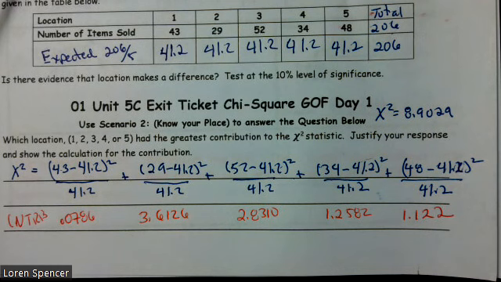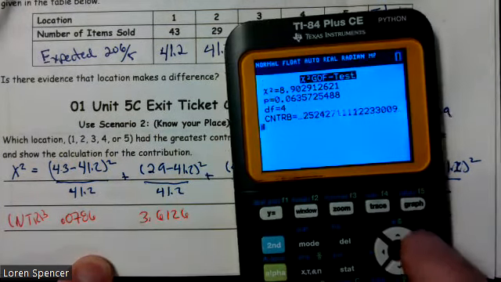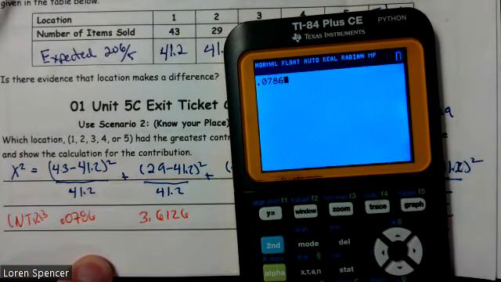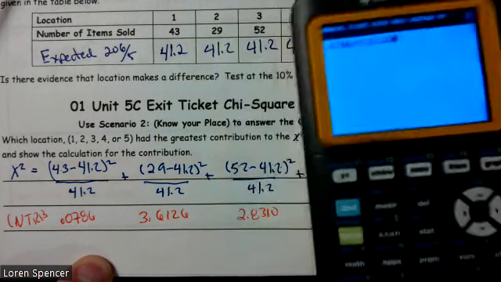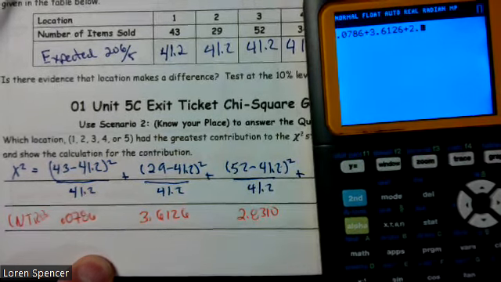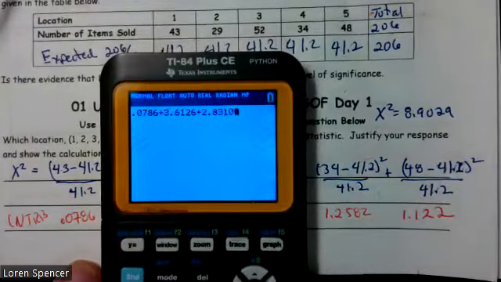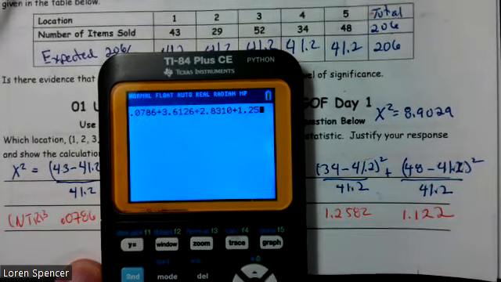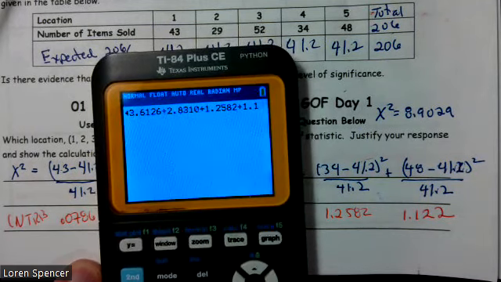All right, so first off, if I add up these values, watch what happens. 0.0786 plus 3.6126 plus 2.8310 plus 1.2582 plus 1.1122.